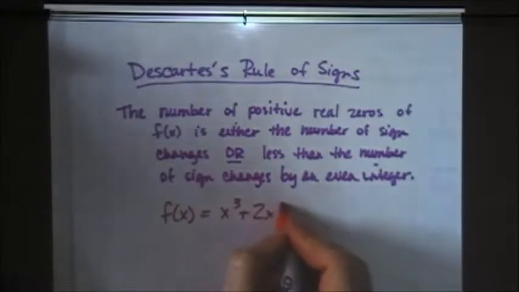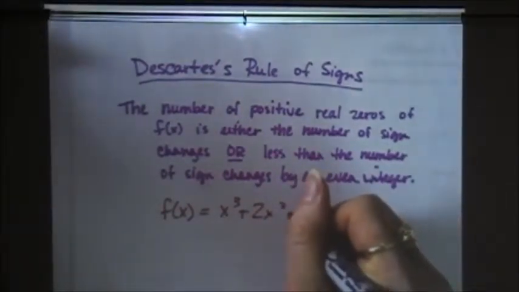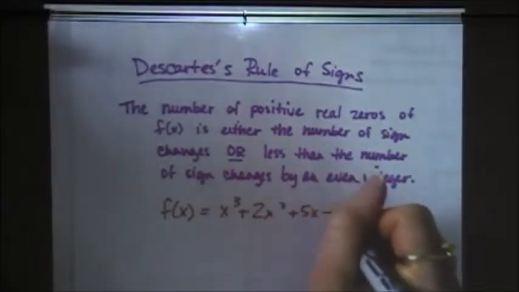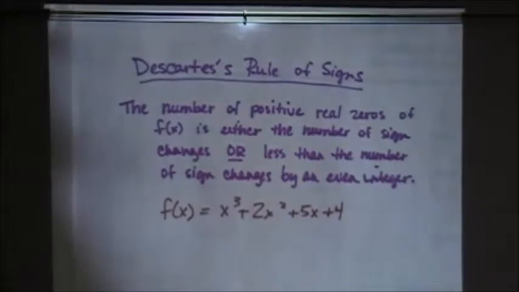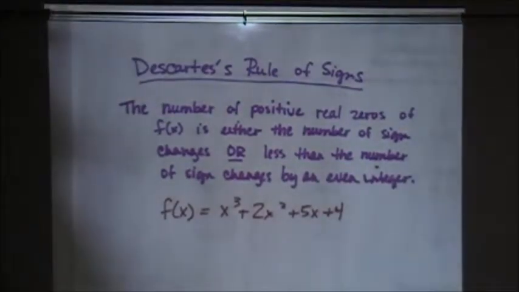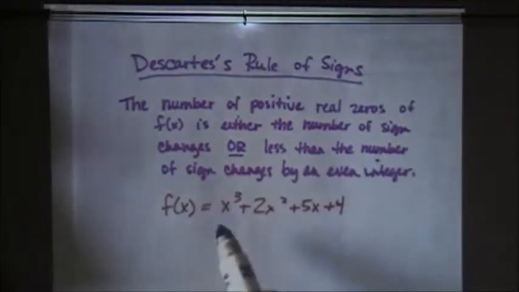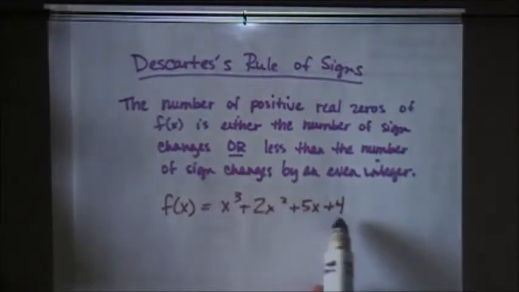So if I am given this function, f of x equals x cubed plus 2x squared plus 5x plus 4, the first thing you're going to do is count the number of times the sign changes. In this case, my first coefficient starts out positive, and it's positive, positive, positive.